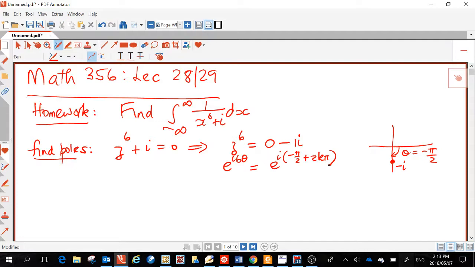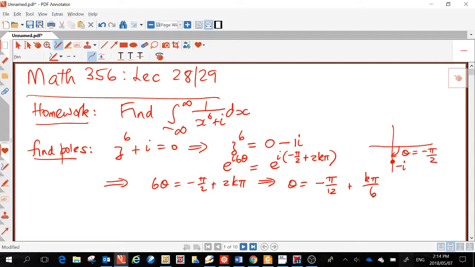So z to the 6 is e to the i 6 theta. This point on the plane is represented by e to the i minus pi over 2. That's the angle. And of course, it happens every 2k pi. All right, so from this, you can then get that 6 theta is the same as minus pi over 2 plus 2k pi, which gives you theta being minus pi over 12 plus k pi over 6, dividing throughout by 6.